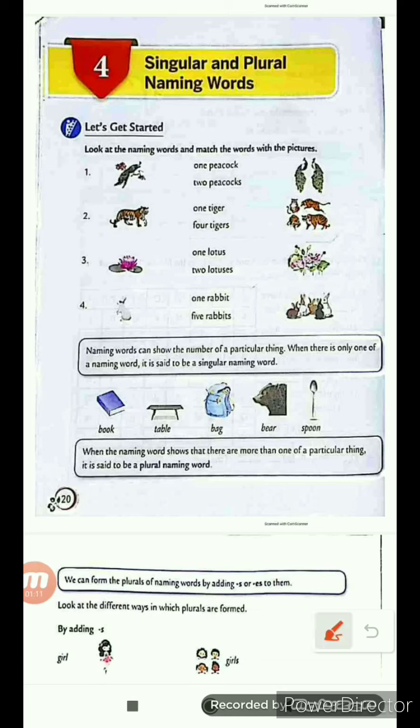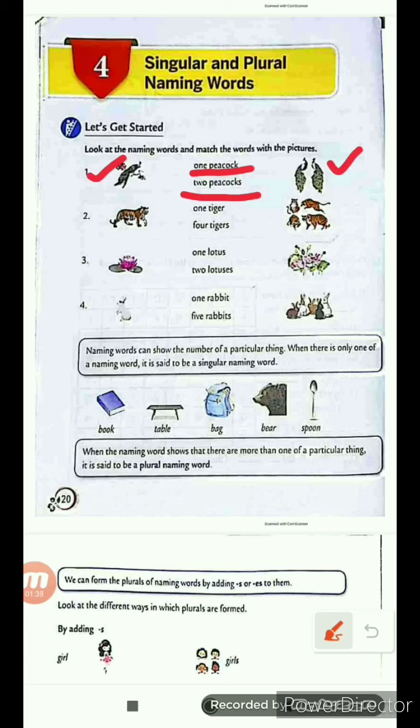The first one is one peacock. See here, one peacock, and the picture shows one peacock. Next written here, two peacocks. Here you can see the picture, there are two peacocks.